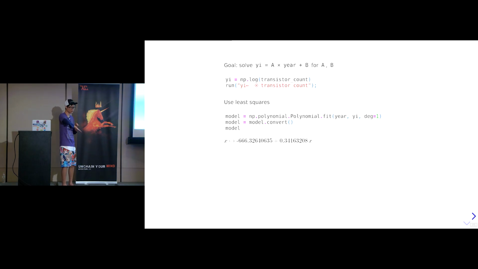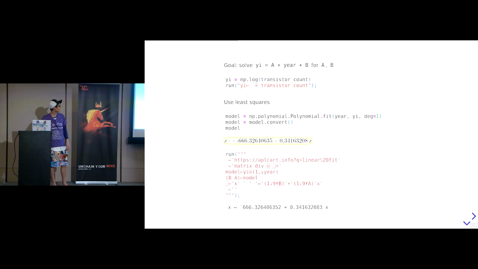Don't worry about the math here, because NumPy would do it for you. You call np.polynomial.fit with degree 1. Then you convert the model to get the constants here.